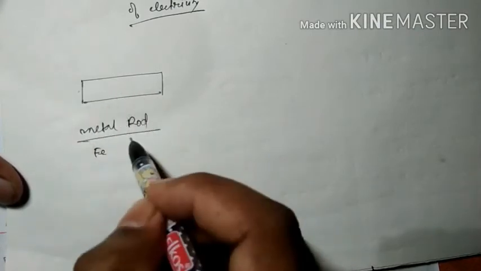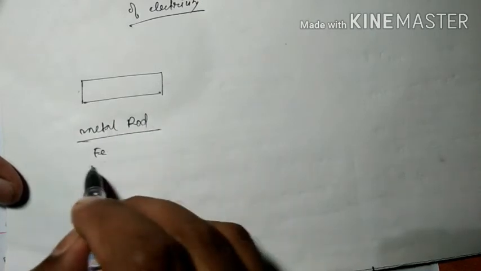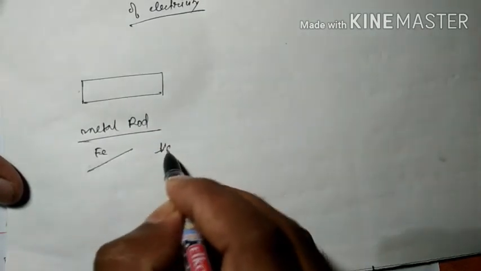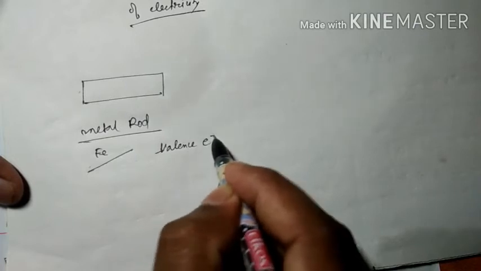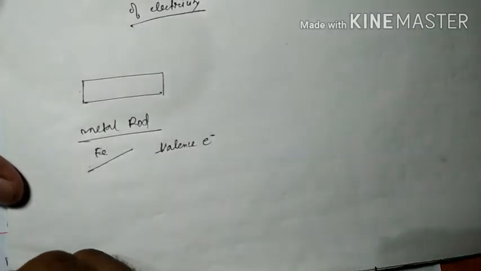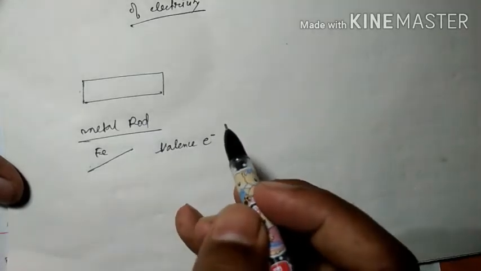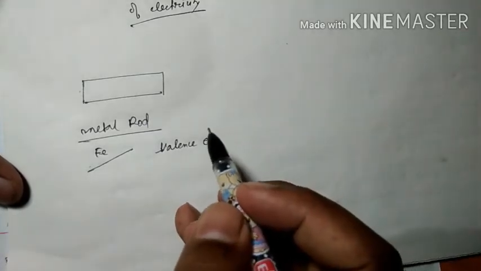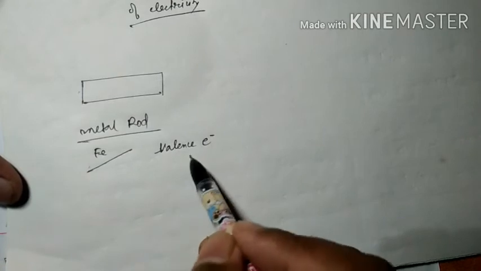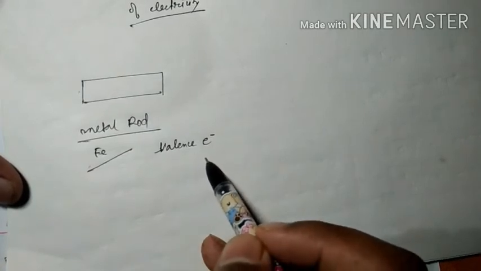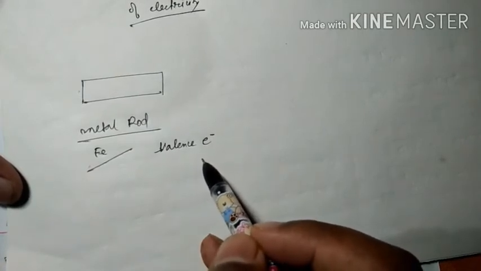Mainly in the metallic substance, we are dealing with the valence electron, which can be excited from a lower energy level to a higher energy level, as I explained in class 11 also. Only the valence electron will participate in the excitation process, not the inner core electron.